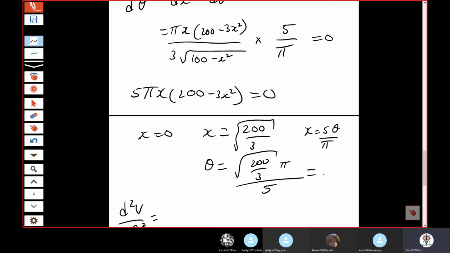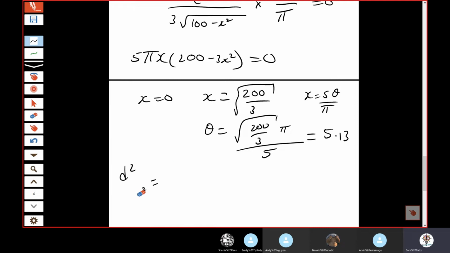So what's this number as a decimal? Square root 200 on 3 times pi on the outside, not attached, divided by 5. That number is about 5.13. So you're going to not do second derivative. What's the method called, Novak? Y dash table.